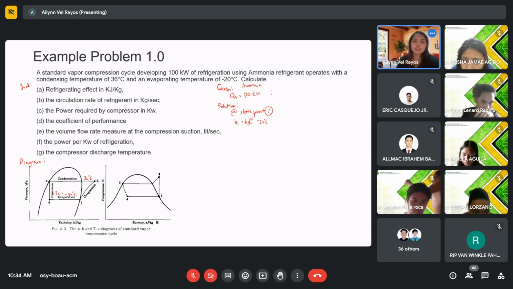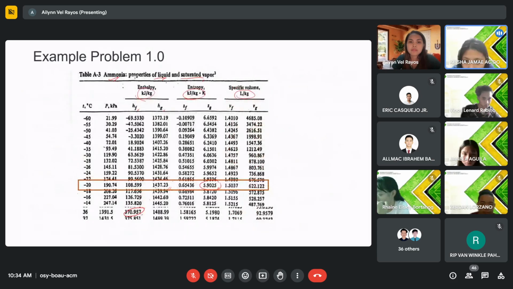So what is our Hg at negative 20 degrees Celsius?